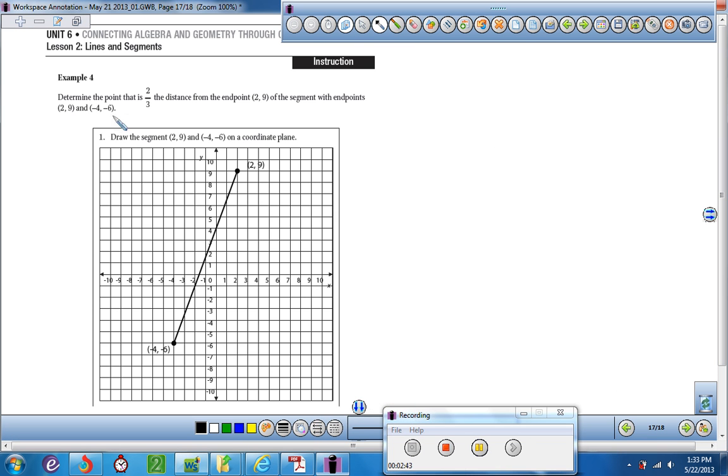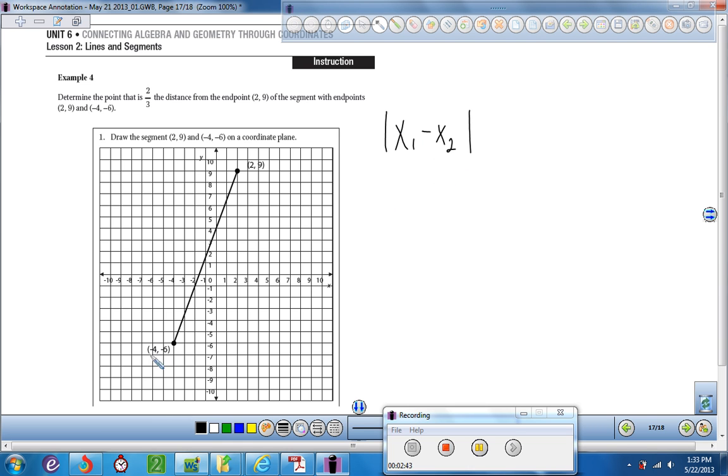Alright, now a similar type problem. Determine the point that is 2/3 the distance from the endpoint 2, 9 for the segment with endpoints at 2, 9 and -4, -6. Let's go ahead and find our change in x.